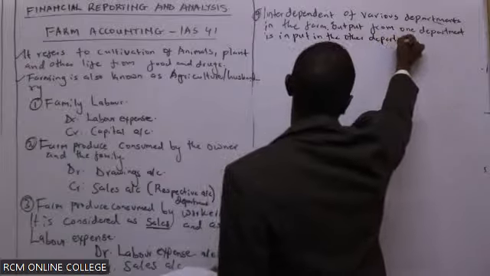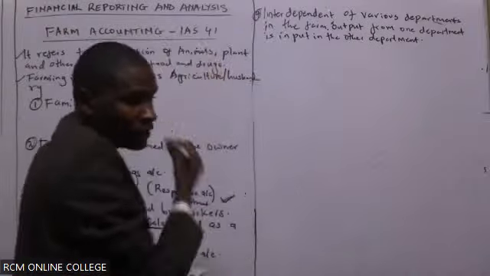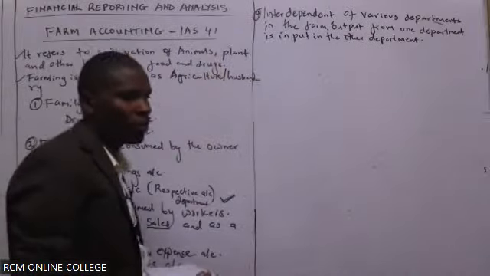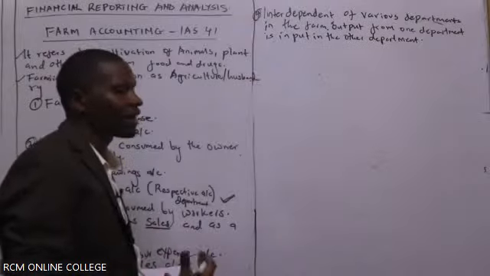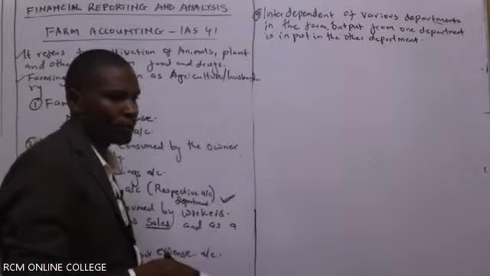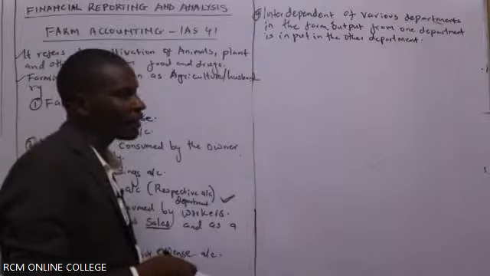Sasa tuko shambani. Who can tell me what is an example of an output, maybe in the livestock department? Aha, manure.